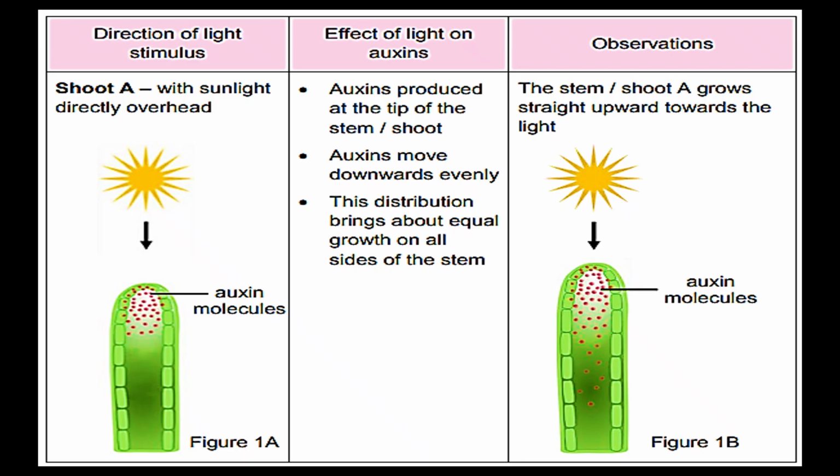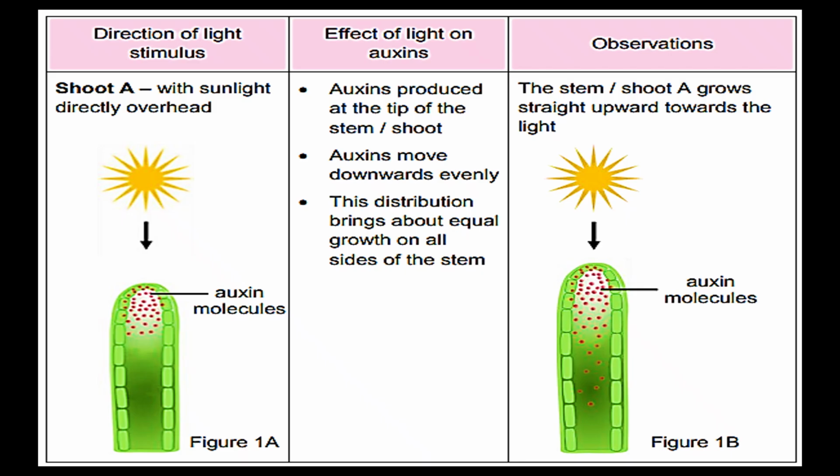This distribution brings about equal growth on all sides of the stem. So that is what we have here. The auxins are produced here, they are exposed to the sun. The sun will destroy them, so they flow down, they move down to where there is less sunlight so that they can survive and they can stimulate growth. Because if they're exposed, they're going to be destroyed. So once the auxins flow down, what happens?